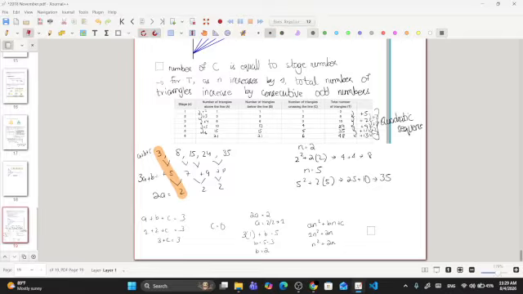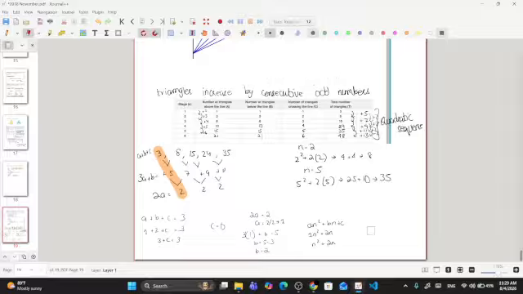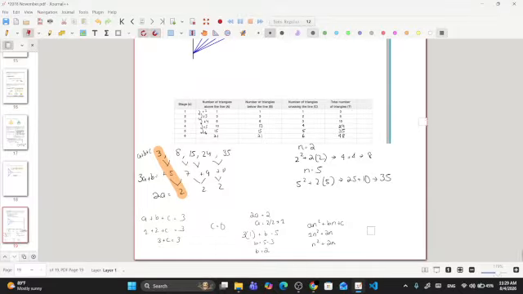Can I erase this answer above? The one that has been written here? Yeah. Okay. Now we have to justify.